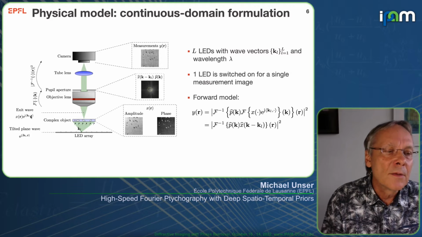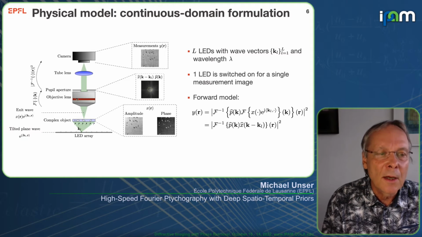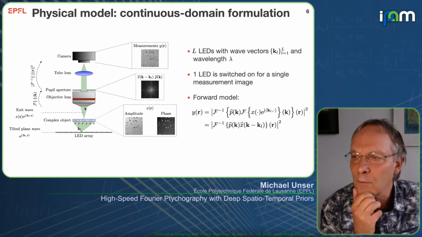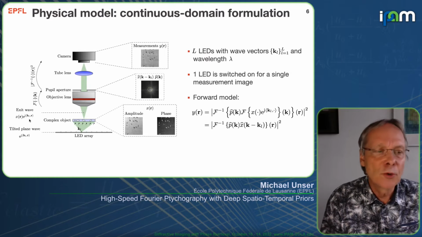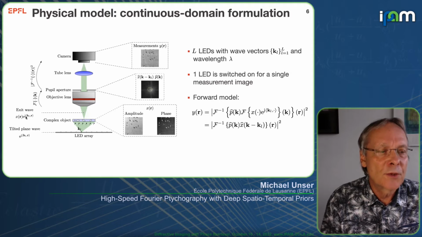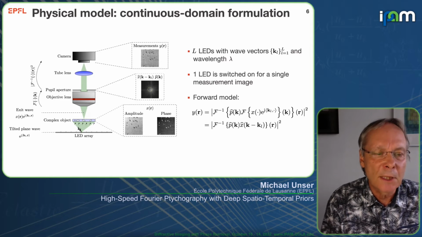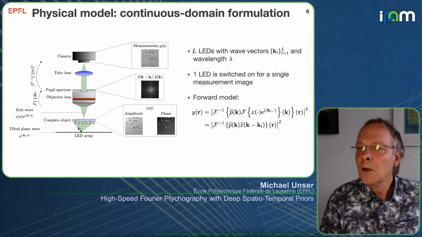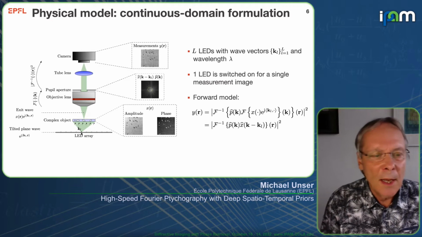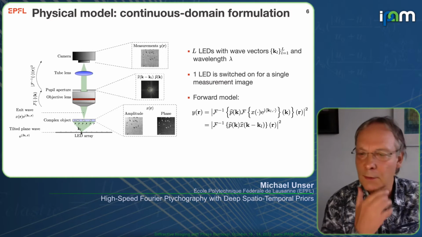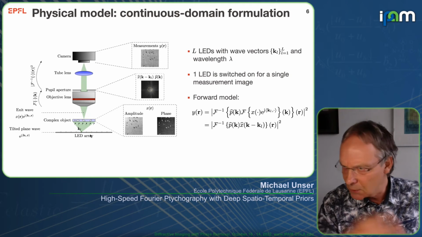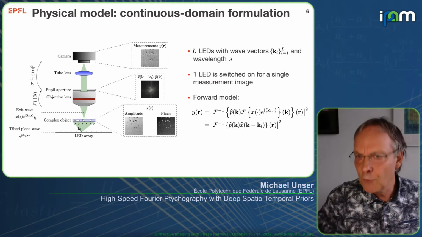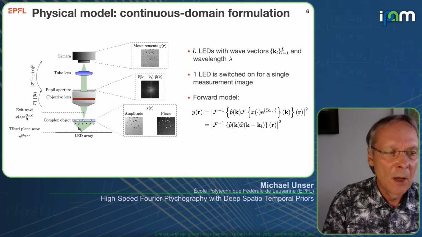So here, actually, what we're imaging with the objective lens of the microscope is this modulated version of the signal with a plane wave, as I said, that depends on the illumination and on the LED. That is because you can switch on different LEDs, and so that will induce different plane waves.